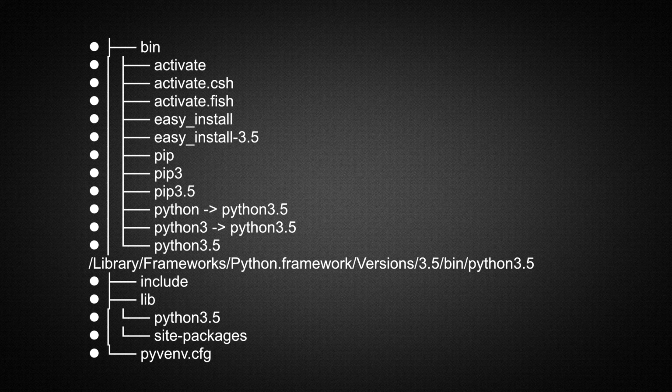Now let's look at what is located in these directories. In the bin directory, there are files which interact with the virtual environment. In the include directory, there are headers which compile Python packages.